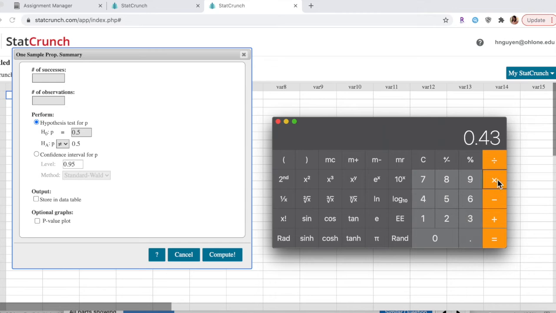0.43 times 1487. We are getting 639.41. In this case, we are going to round it to the nearest whole number. I'm going to round it to 639.